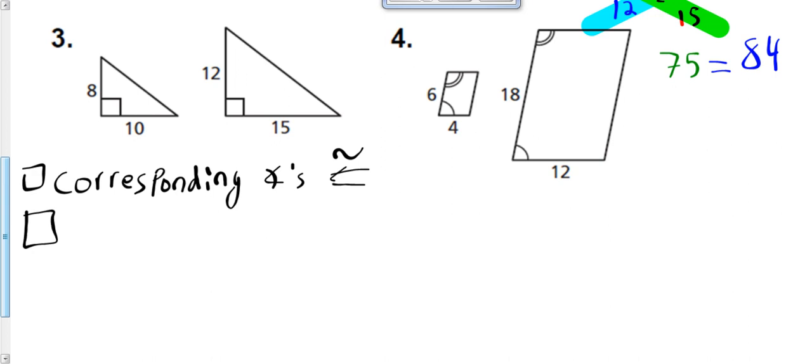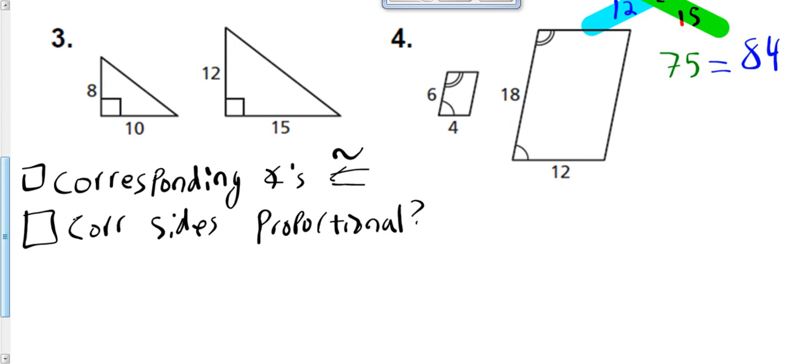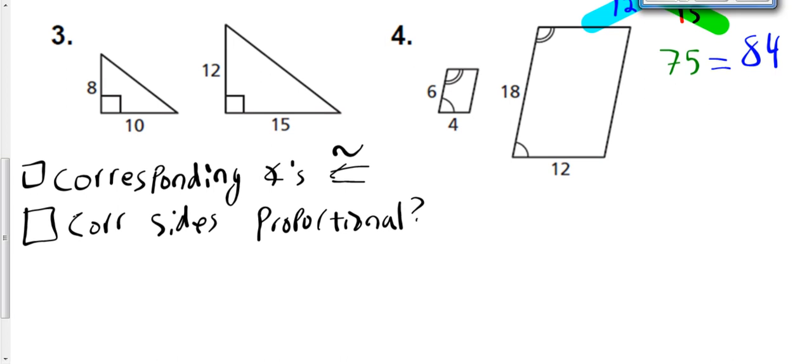And then, are the corresponding sides proportional? That's what we want to ask ourselves. There's one thing that's always going to overrule everything else. If all of the corresponding sides are proportional, then the figures are going to be similar, as long as they're the same shape.